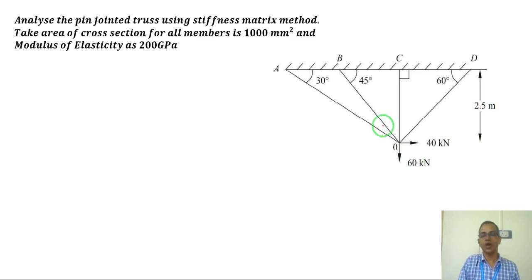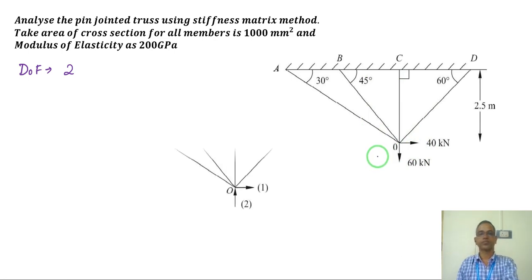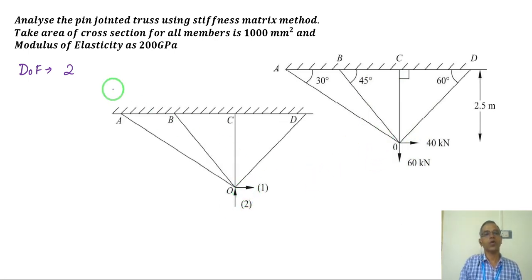kilonewton. Now the degrees of freedom for this particular structure: if you look at joint A, all constrained, 0 degrees. Only O will have 2 displacements, so 2 degrees of freedom. Now we can take the structure without this load and assign the coordinates.